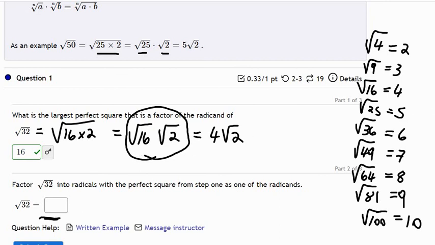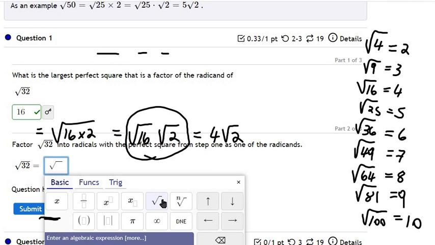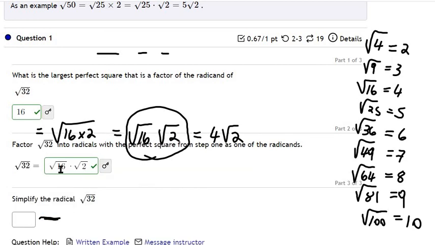So for step 2, I'm putting in the square root of 16 multiplied by the square root of 2. Okay, so that's what it should be looking for in part 2. I'll submit it. And that was what it was looking for.